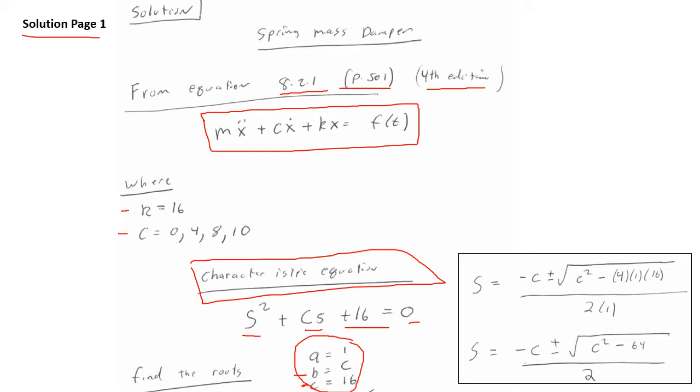Using our variables, s is equal to negative c plus or minus the square root of c squared minus 4 times 1 times 16, all over 2 times 1. We can reduce this down and simplify, so s is equal to negative c plus or minus the square root of c squared minus 64, over 2, where we have varying values for c that we can plug in to get our roots if c goes from 0, 4, 8, and 10.